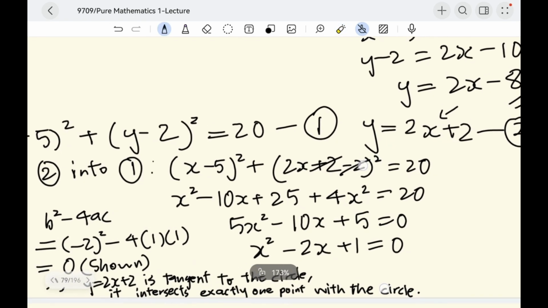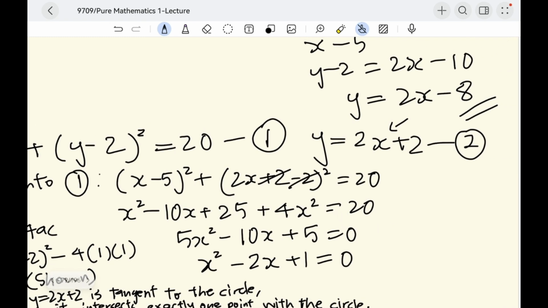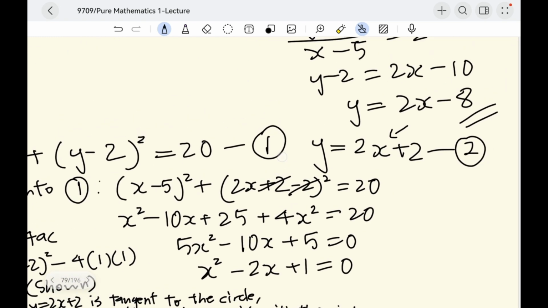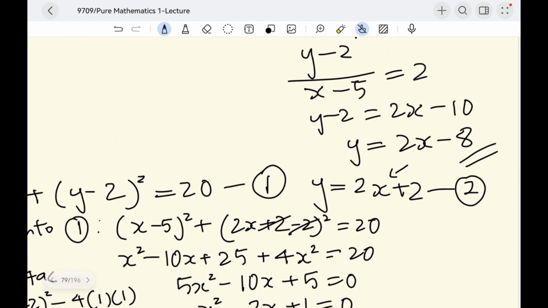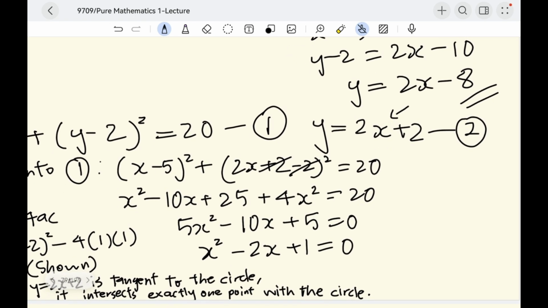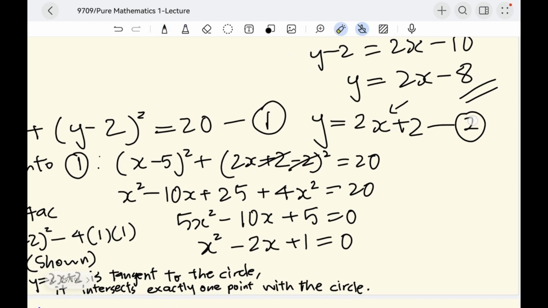Now hence we want to look for the point of contact. What does the point of contact mean? It is the intersection point between the tangent line and the circle. There is only one point of contact. So next you solve this equation by factorization. I have (x minus 1) squared, so x is 1.